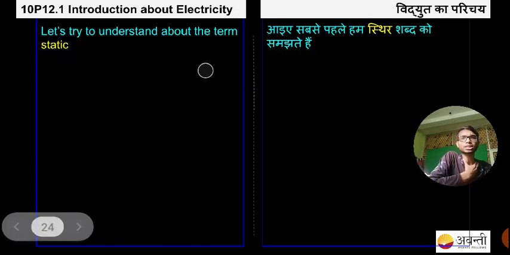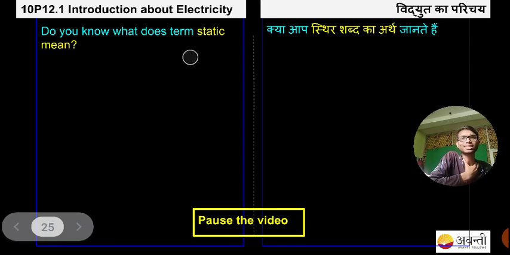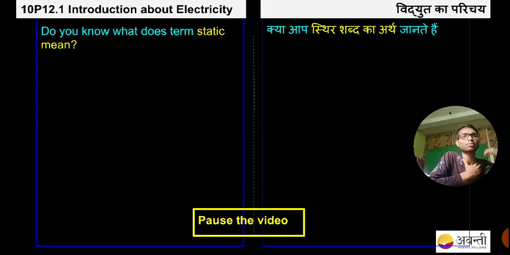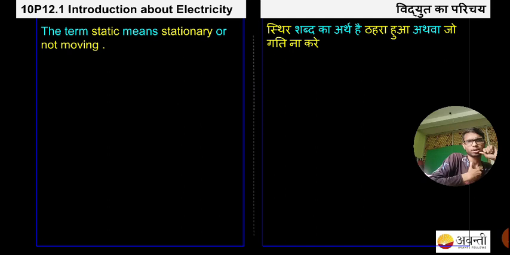So let's try to understand the term static. Do you know what the term static means? In our language, we can say rest. Static means rest. Charges are at rest. Now, the term static means stationary or not moving. We are familiar with this word.